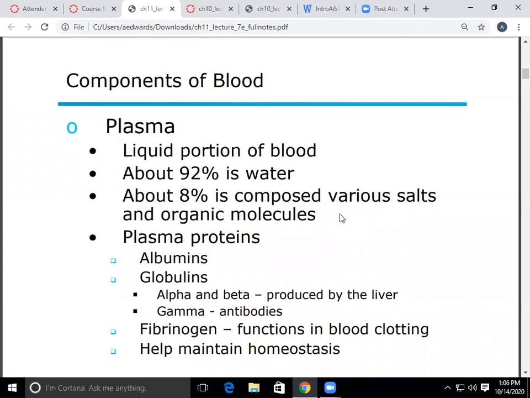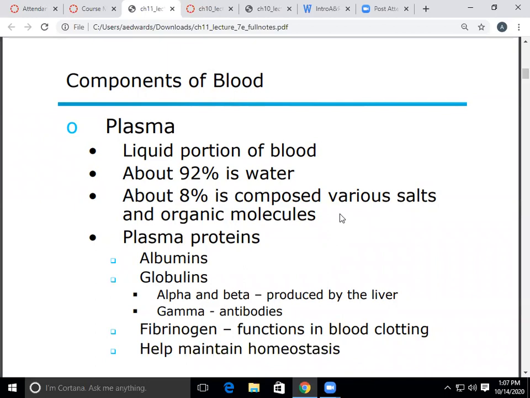So what's in your blood? Well, one of the big components of your blood is plasma. Okay, it's the liquid portion in your blood. And 90%, 92% of that liquid is water. And 8% have various different salts, other organic molecules in them.